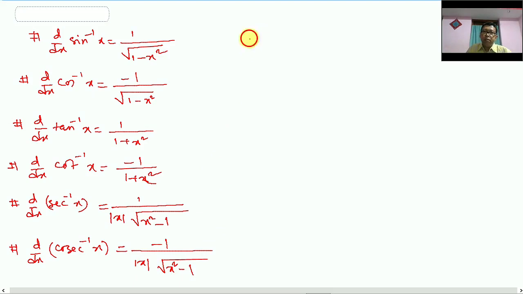Now there are some formulae in which this x is replaced by other terms, say d/dx of sin inverse of mx is equal to m upon root over 1 minus mx square, that is m square x square.